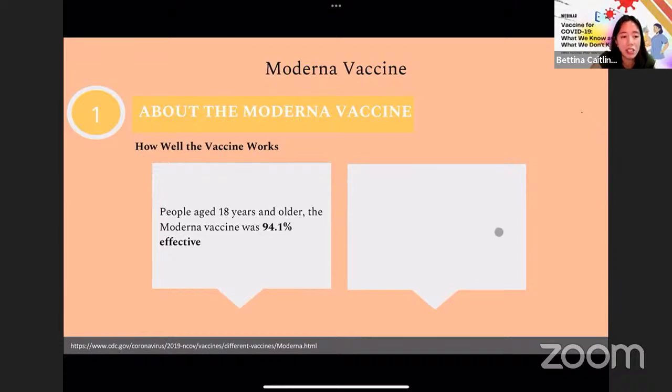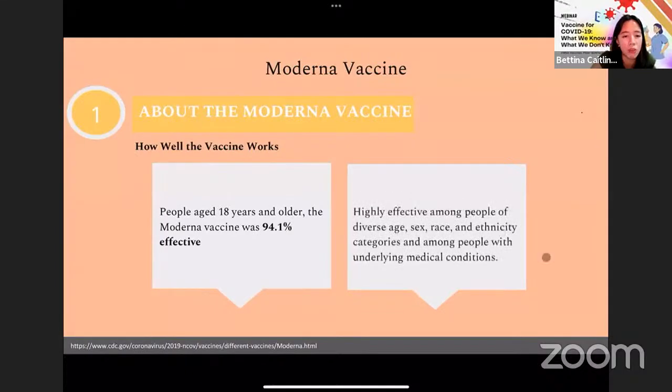The vaccine is also very highly effective in clinical trials at preventing COVID-19 among people of diverse age, sex, race, and ethnicity categories, and among people with underlying medical conditions.